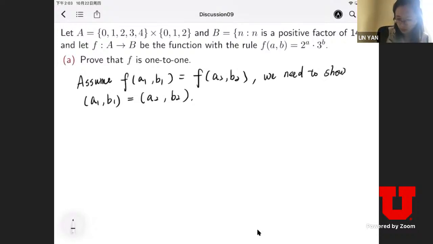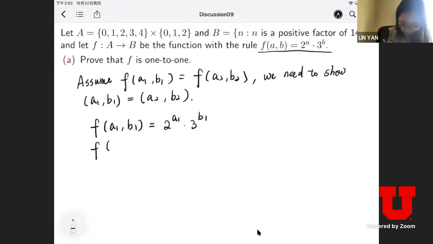So we have the rule of this function. f(a1, b1) is equal to 2 to the power of a1 times 3 to the power of b1. And we also have f(a2, b2) is equal to 2 to the power of a2 times 3 to the power of b2.